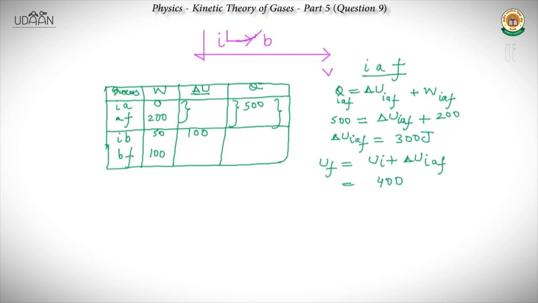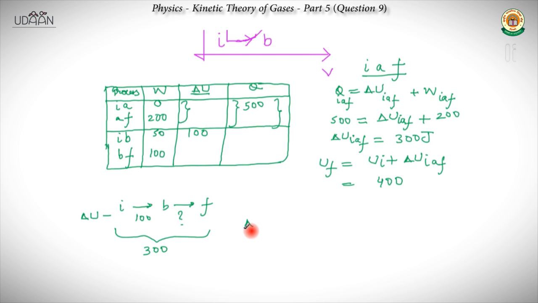Now let's see one more interesting thing. Let's see what else we can find through this. Delta U from I to B is 100. So let's take a process I to B and then B to F. Delta U from I to B is 100. B to F we don't know, but for this total process we know the delta U, which is 300.